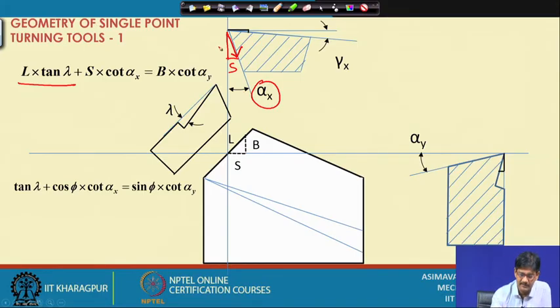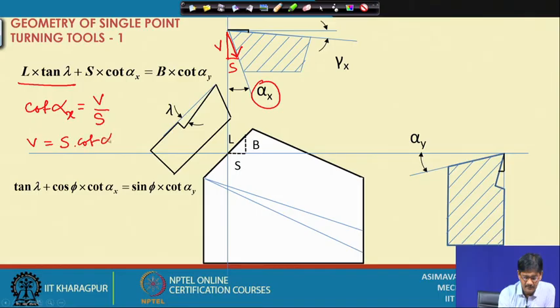Let us write it as V. So, cot alpha x must be equal to V by S, which means that the vertical distance is nothing but S cot alpha x.